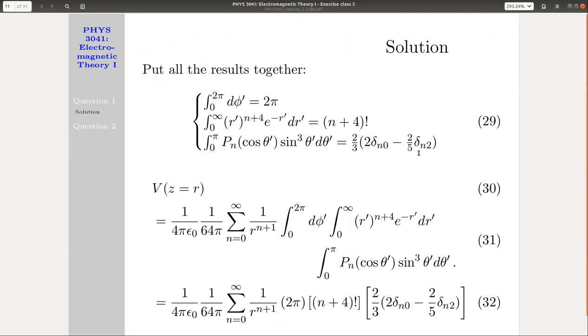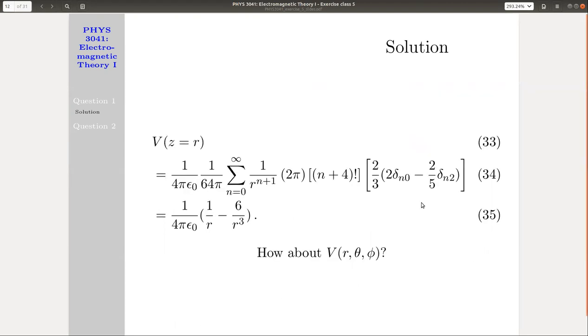And finally, we put the results together into our original integral. So here is an integral of r prime, so it is 2 pi, and r prime here is just a factorial, and the last one, the Legendre polynomial that we have just solved here.